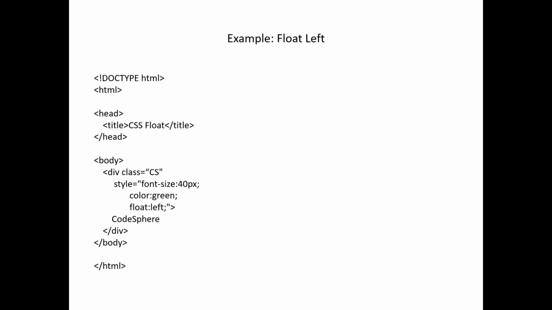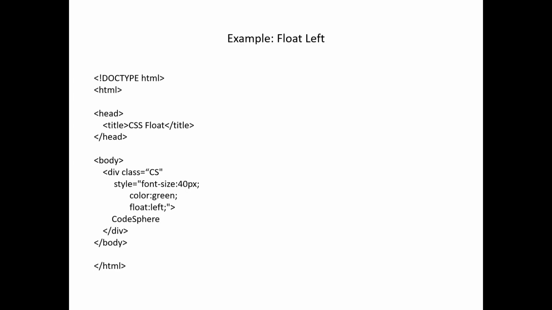So we can see examples for each value. Float equals left. See here, the HTML tag, the head section, the body section, and a div with a class. This is inline CSS: style font size 40 pixels, color green, float left. The text is displayed on the left side.